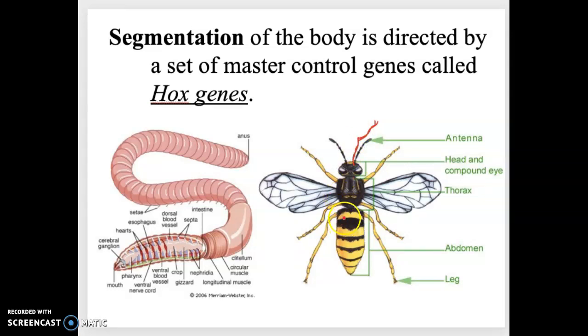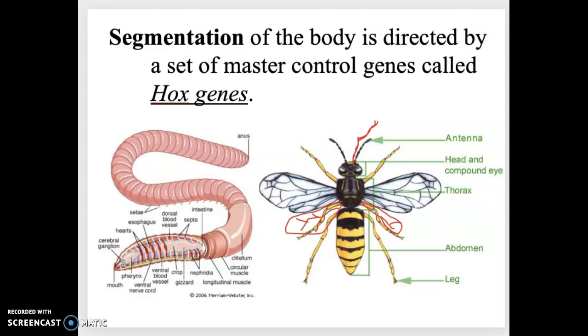Do you tweak it to produce an extra set of wings off of the thorax? It's all being controlled and dictated by those Hox genes. So our knowledge is getting better. And for those of you excited about the molecular field, look into these genes. There's so much we don't know about the Hox genes and so much we still can learn. Who knows what we'll do in the future with this kind of stuff.